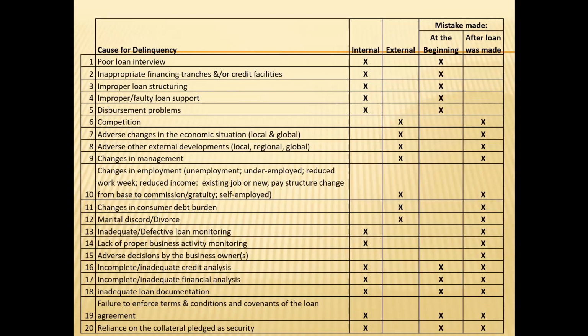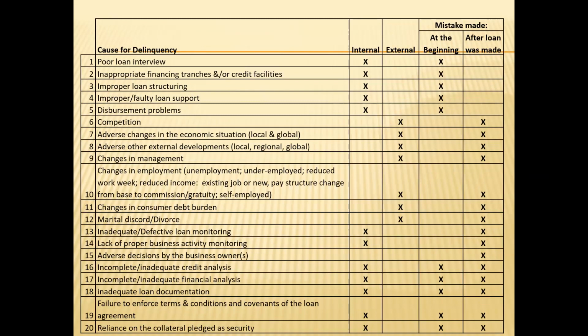So some of the causes of delinquency are poor loan interview, which is an internal problem, and this mistake was made at the beginning. The second one is inappropriate financing tranches, or you gave them the wrong credit facility. That's an internal problem at the beginning.